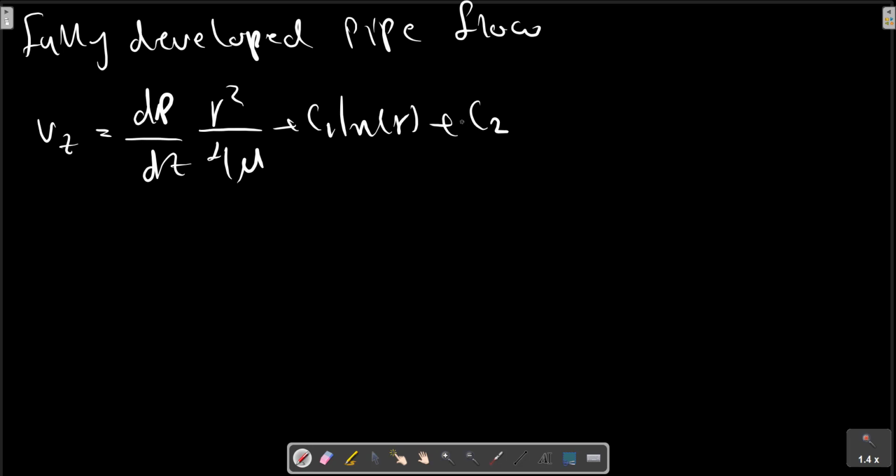The boundary conditions are no slip at the wall and finite velocity at the center line. Boundary conditions.